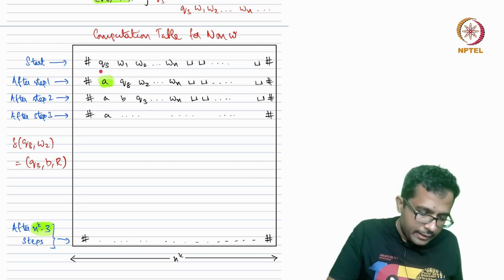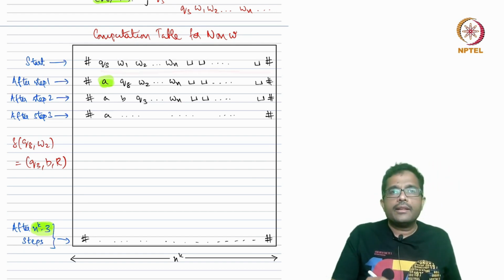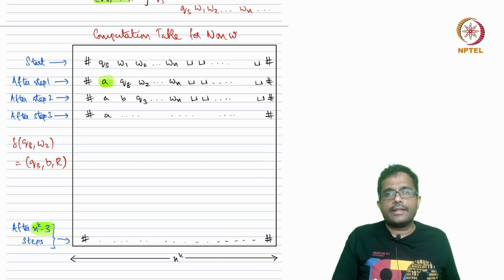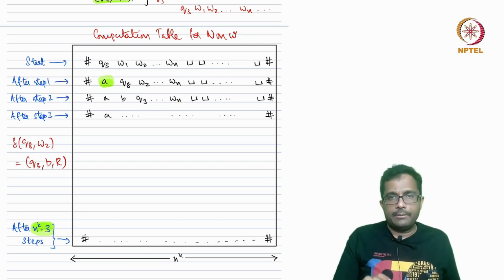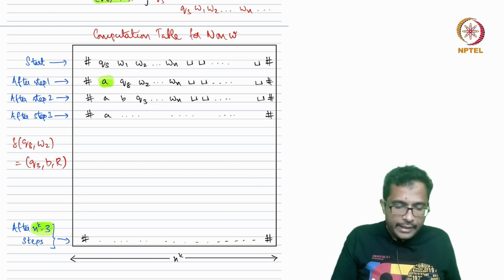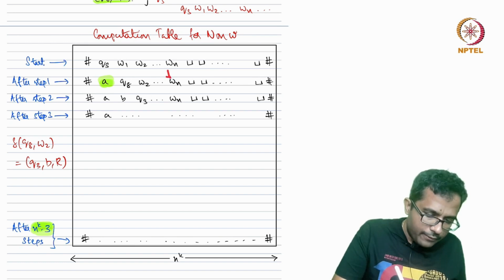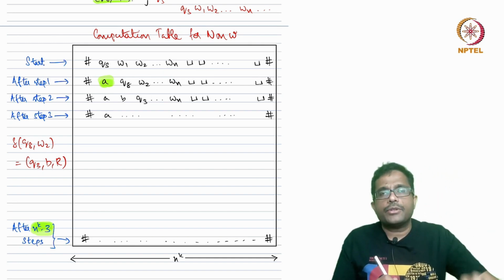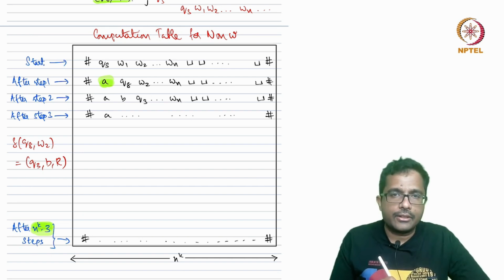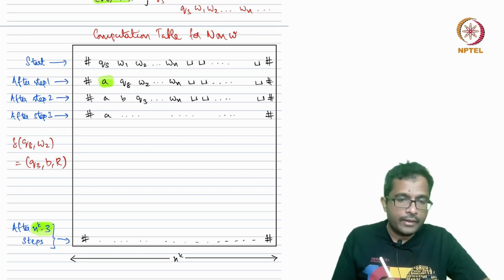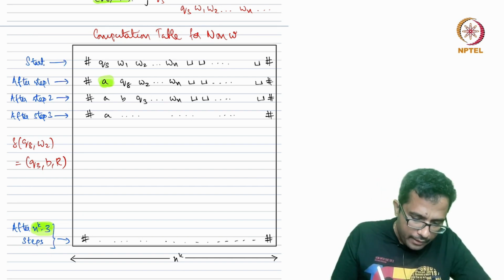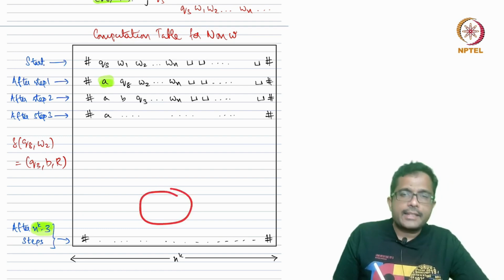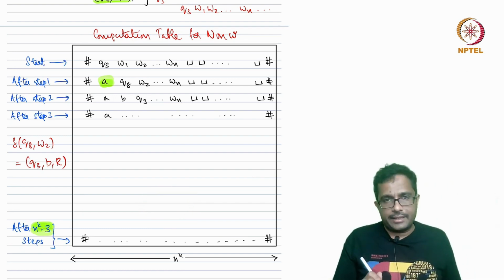It will have to check, is the first row the valid starting configuration of N on W? Then it has to check, is the second row a valid successor of the first row? And then, is the third row a valid successor of the second row? And so on and so on. And finally it has to check, does the computation sequence lead to accept? So these are the things that we need to check.